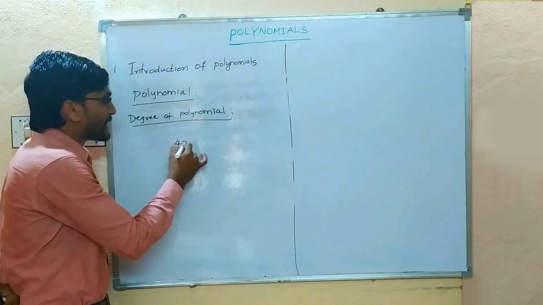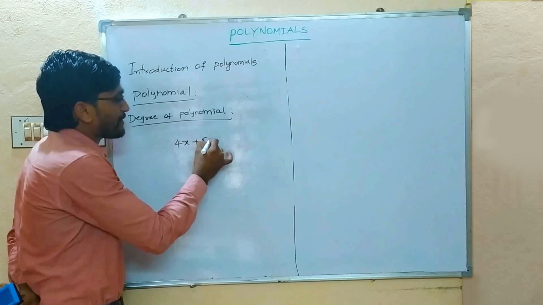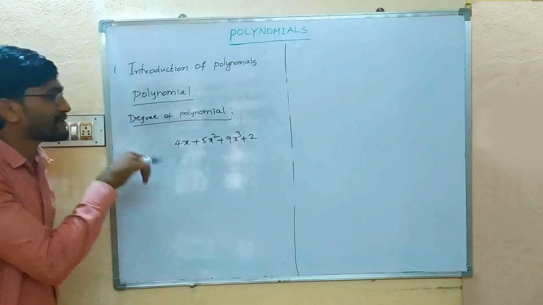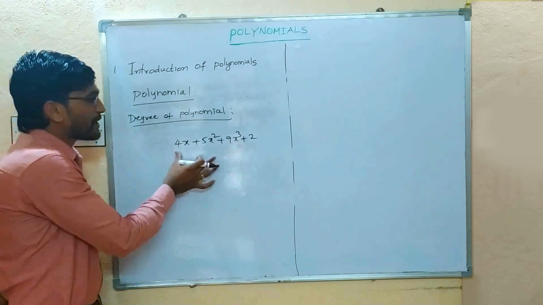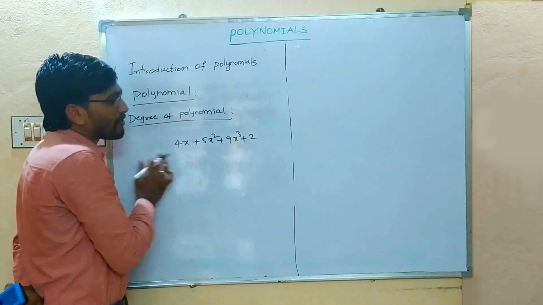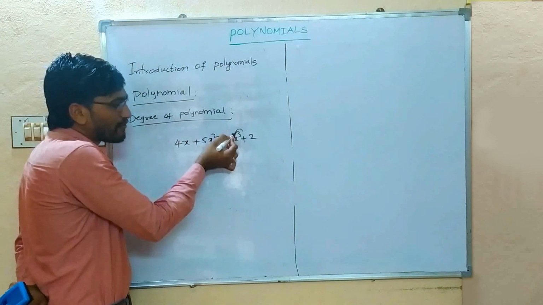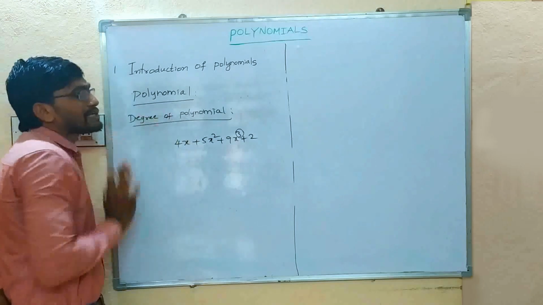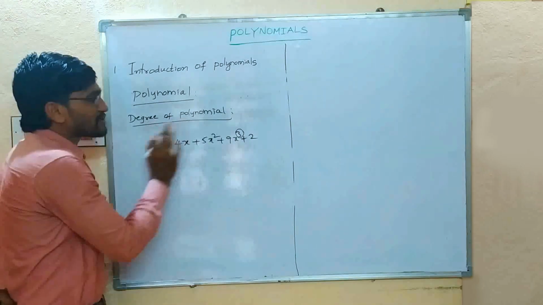See, 4x plus 5x square plus 9x cube plus 2. I have taken one polynomial. What is the highest power of the variable here? The highest power of the variable is 3. So this 3 is called the degree of this polynomial.